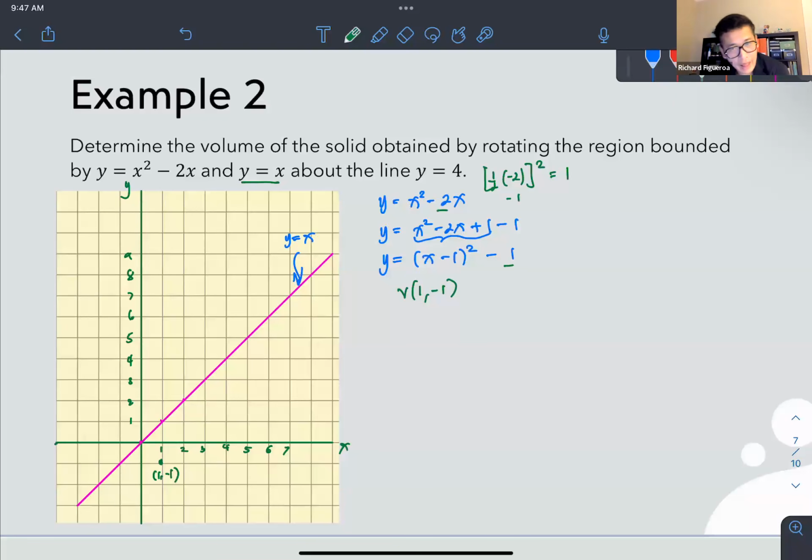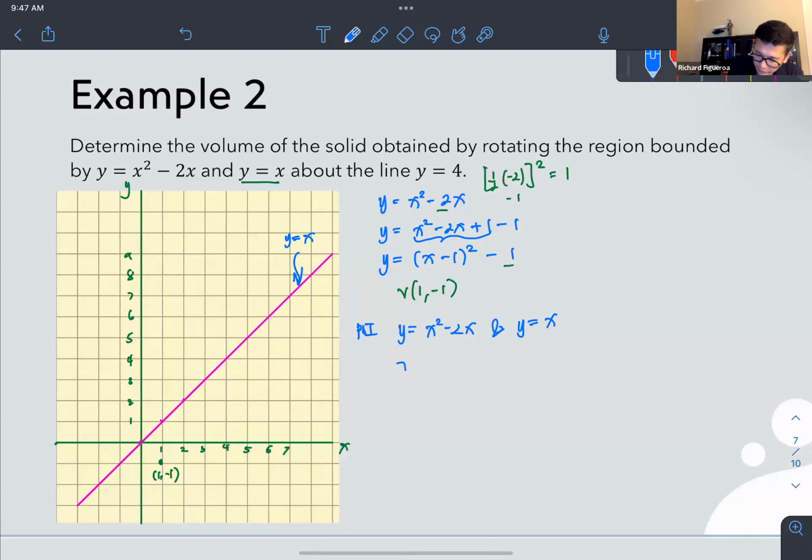Since this is a line, I can get the point of intersection. So the point of intersection of y is equals to x squared minus 2x and y is equals to x. What's the point of intersection between the line and the parabola? We just equate.